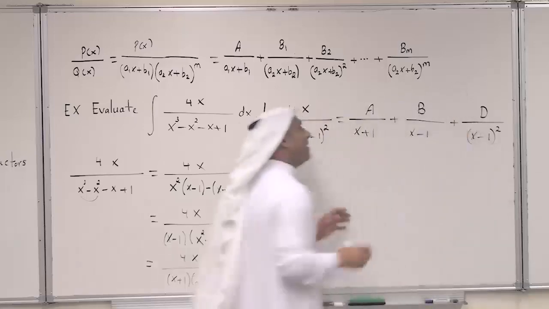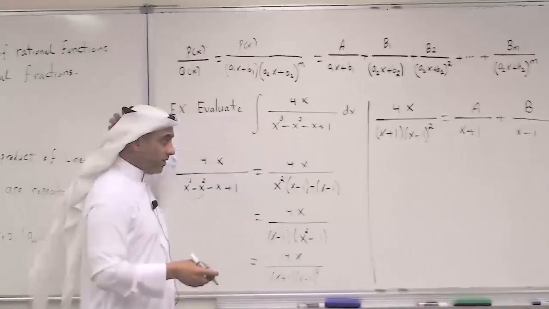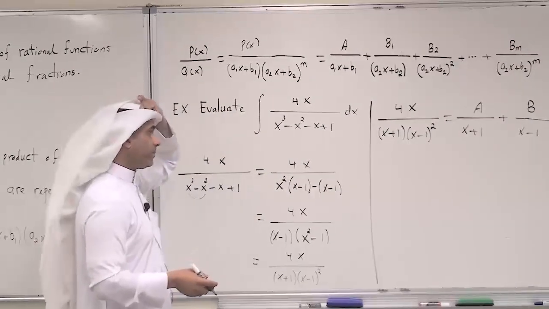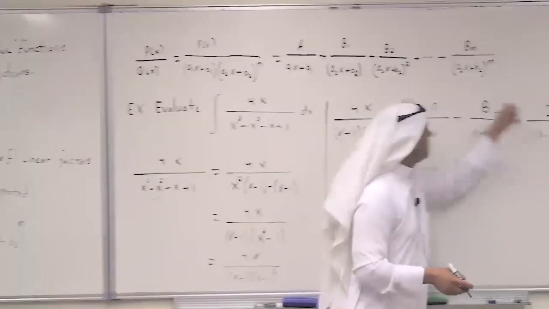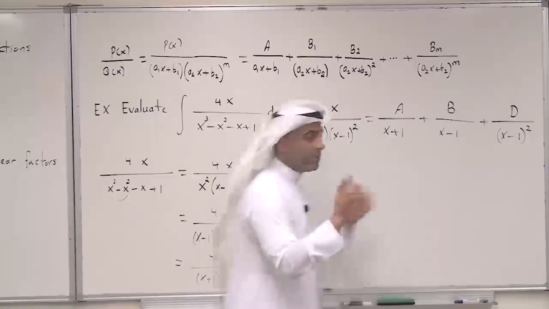Okay, I save the letter c for the constant of integration. Now, what is left here is to find a, b, and d. To determine a, b, and d, we do the following.